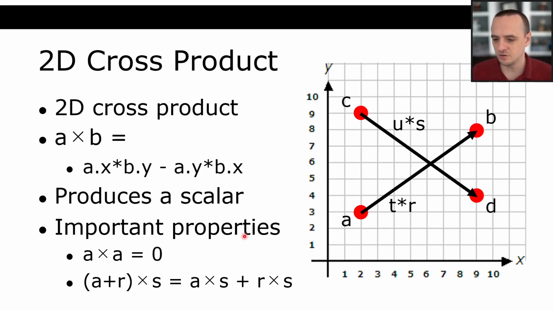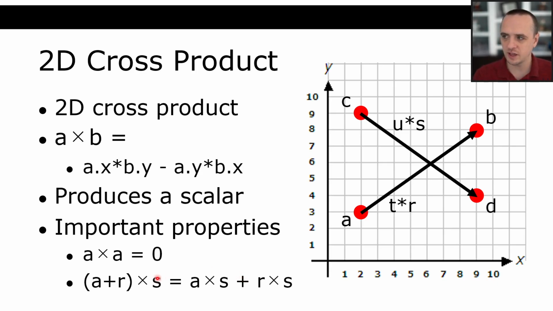The other property that the cross product has is the following: if we have two vectors and we add them together inside these parentheses, and then we cross that with s, then that is equal to the crossing of each one with s and then the addition of those.